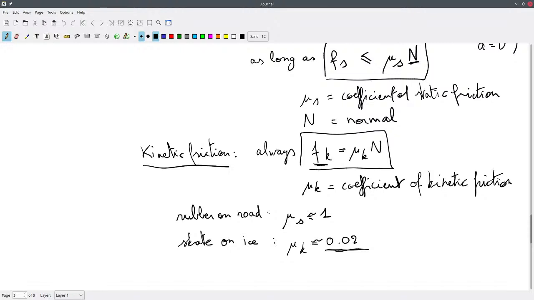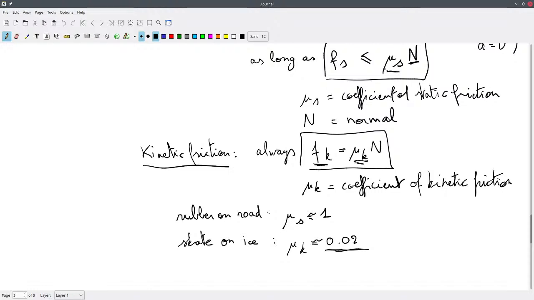Is it possible for Fk to be equal to Fs? Well, there are going to be cases where mu s is very close to mu k, and in that case, Fs and Fk will be very close as well, and within the significant figures that you consider, it might look like Fs and Fk are the same.